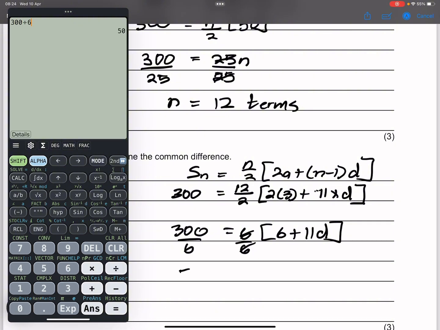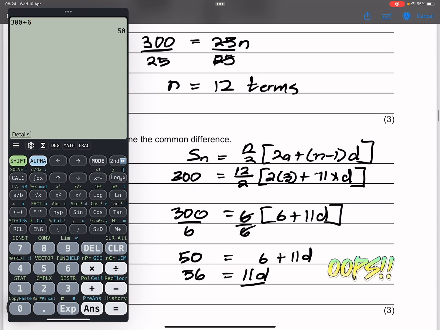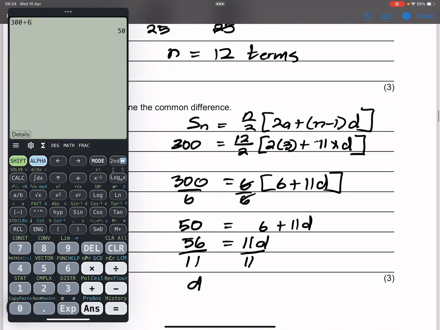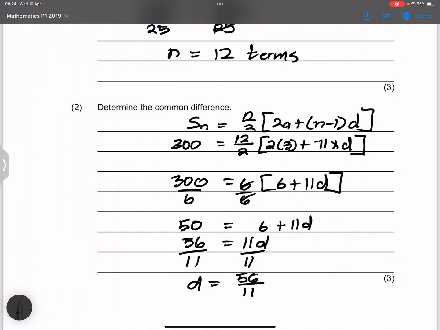So 50 is 6 plus 11d. If I take the 6 to the other side, I've got 56 is equal to 11d. And if I divide both sides by 11, d would be equal to 56 over 11. I'm going to leave it in that fraction form, 56 over 11, and that is my common difference.